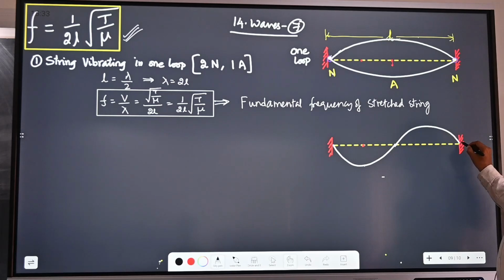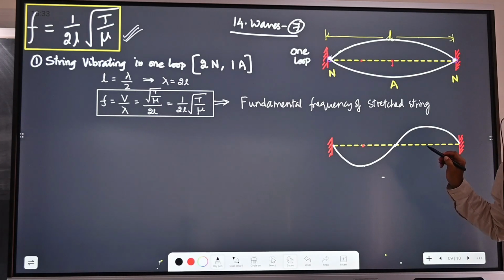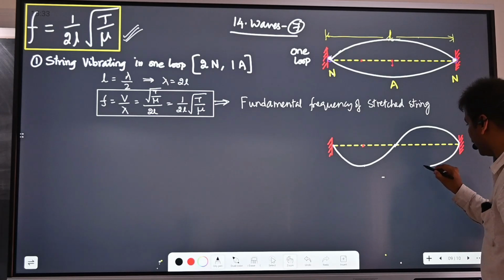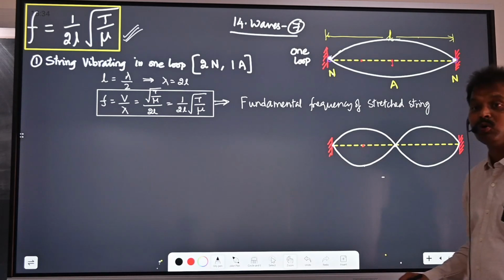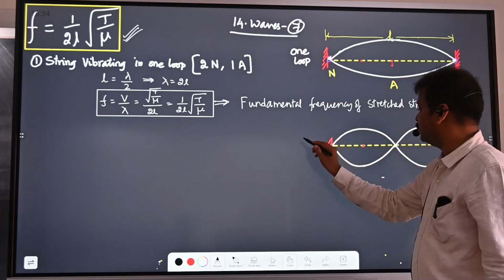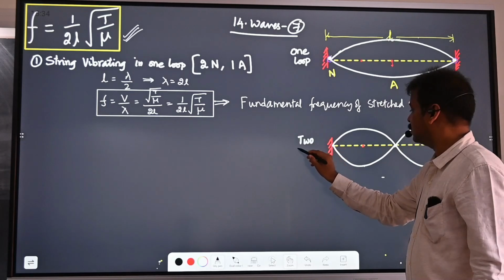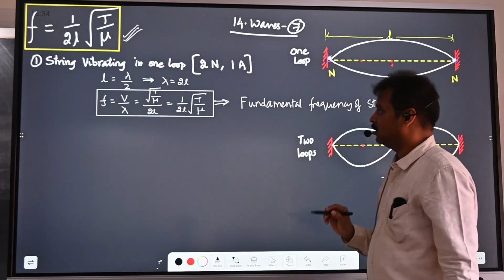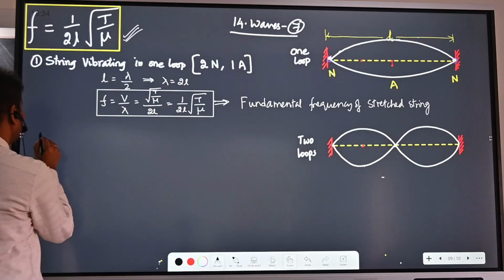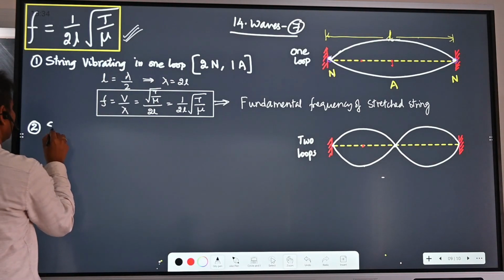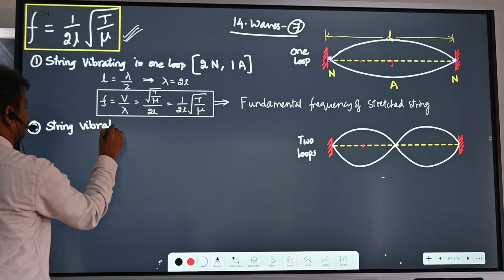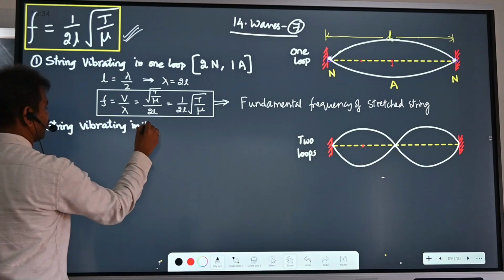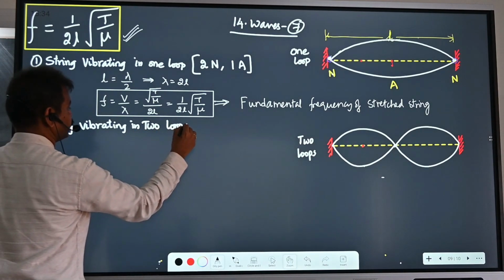But after reflecting from this one, from rarer to denser medium, does the phase change or not? 180 degrees, now it will come back. Can I say the string is vibrating in two loops now? This is one loop, this is another. Now I am writing equation number 2. String vibrating in two loops.